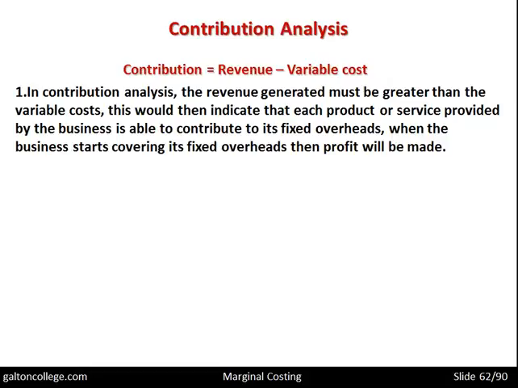The more it produces, the worse the situation will become. So this would indicate that each product or service provided by the business is able to contribute to its fixed overheads. When the business starts covering its fixed overheads, then profits will be made, and that's what I've been saying earlier.